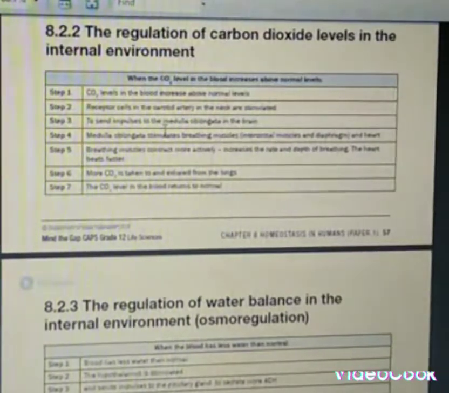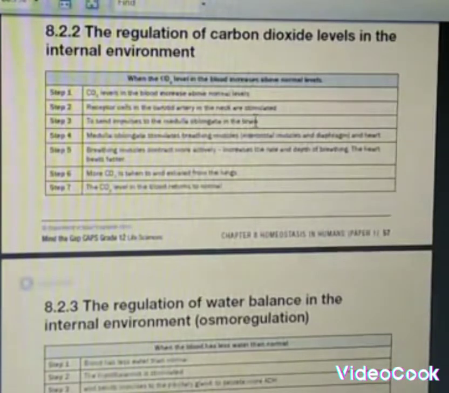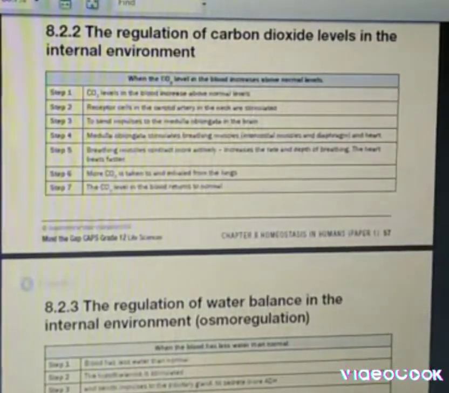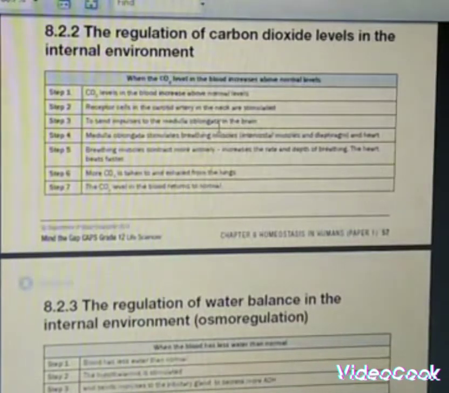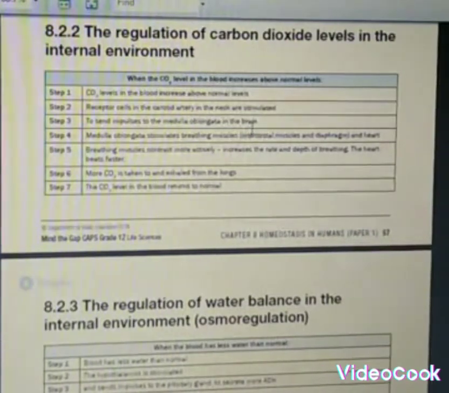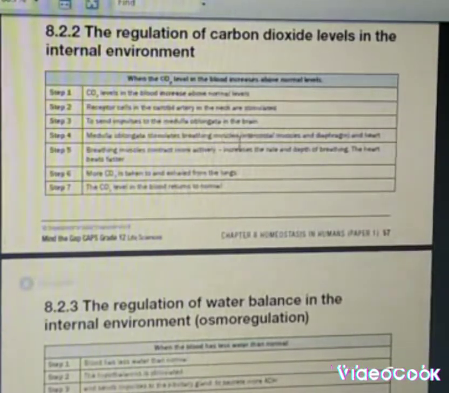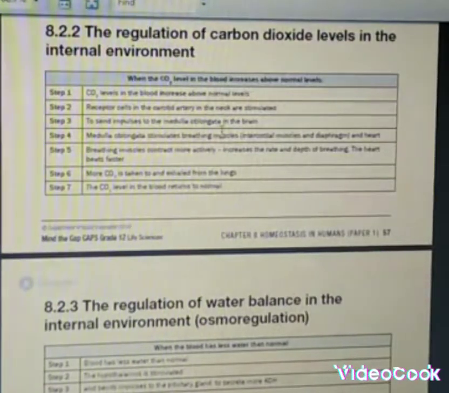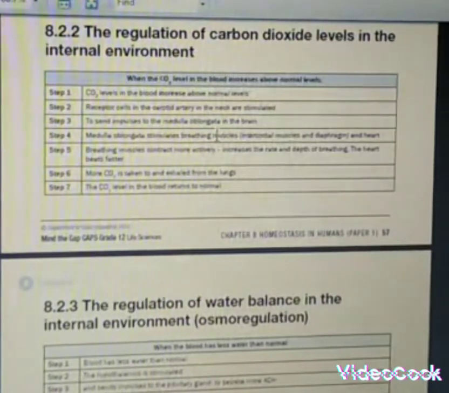When your carbon dioxide levels in the blood increase, meaning they are above normal expected levels, the receptor cells in the carotid artery, in the neck, are stimulated. Once they are stimulated, they send impulses to the medulla oblongata in the brain. If you still remember the functions of parts of the brain, the medulla oblongata is for the involuntary actions, which includes breathing.